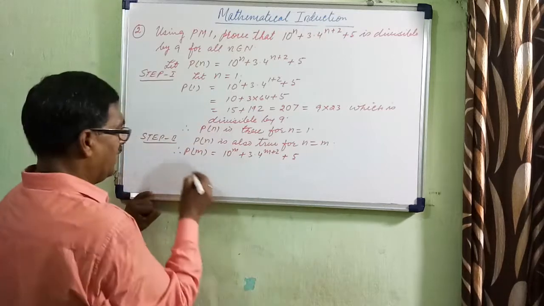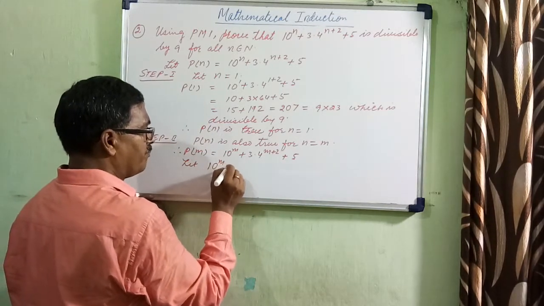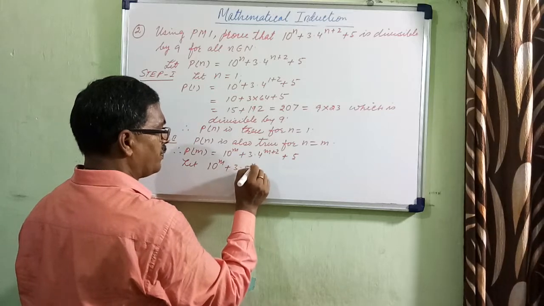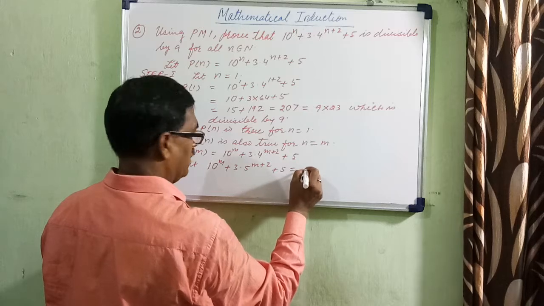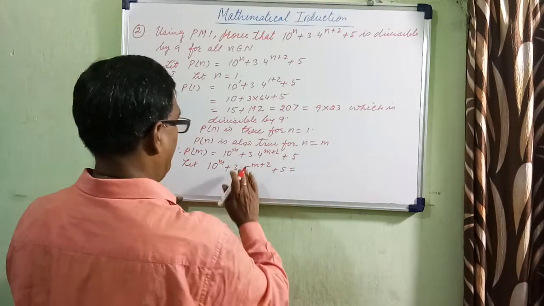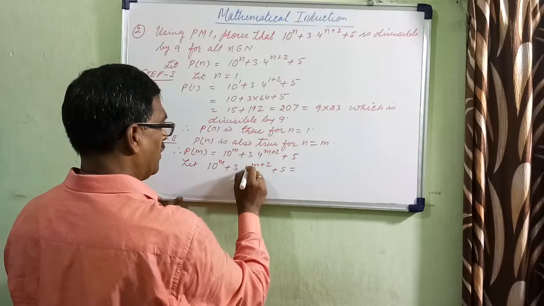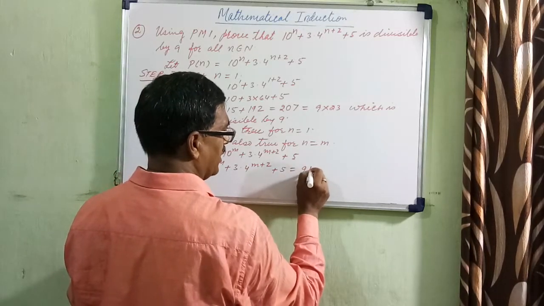So here let 10 to the power m plus 3 into 4 to the power m plus 2 plus 5 is equal to 9k.